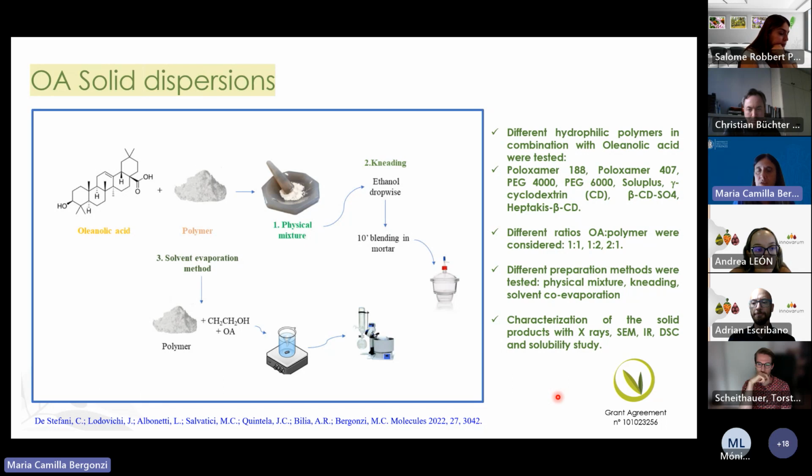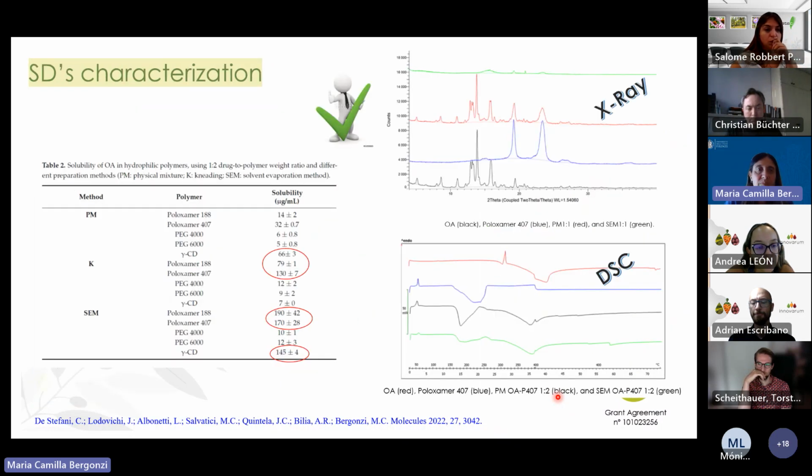Then the best solid dispersion was characterized by solid state techniques such as X-ray, SEM, infrared, differential scanning calorimetry. About the solubility, in the case of solid dispersion, regarding the oleanoic acid, we have a very big increase of solubility with both the kneading method and the solvent evaporation method, in particular for poloxamer and gamma cyclodextrin.